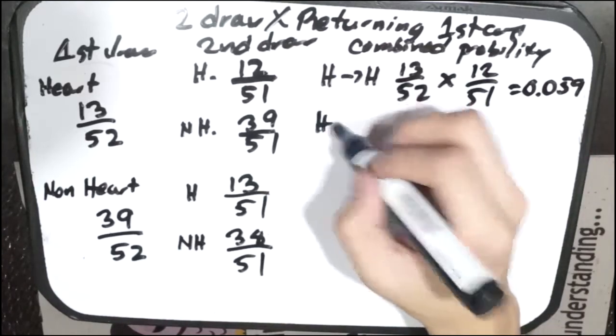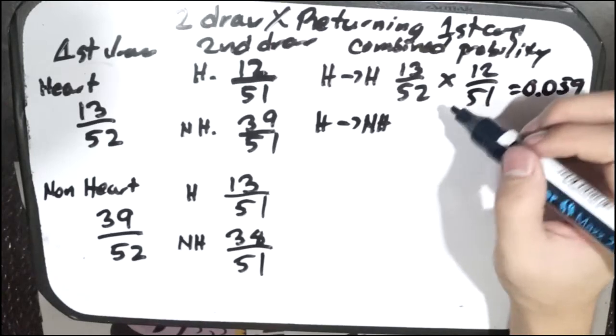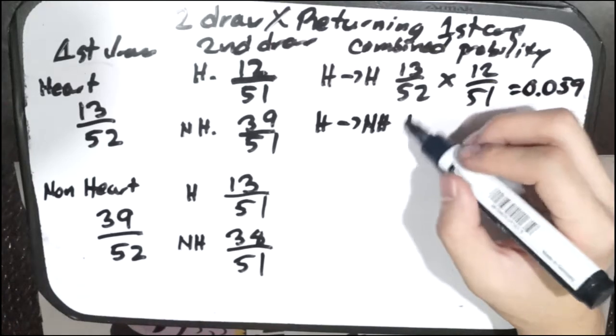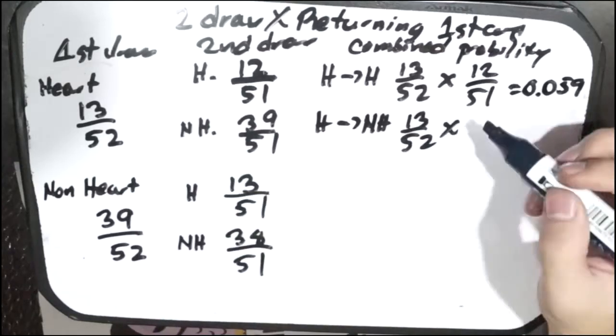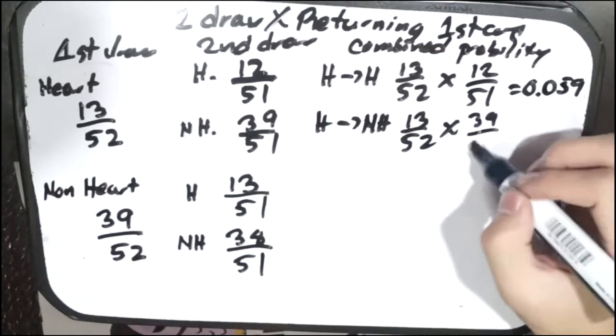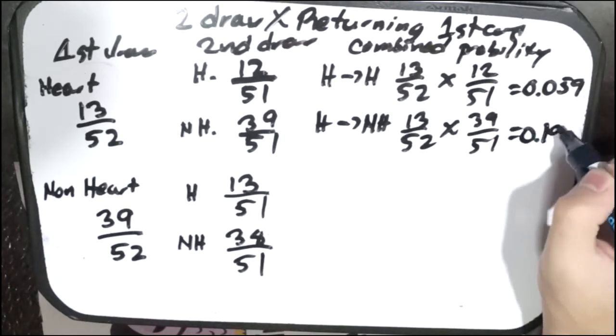If you drew a heart first, then a non-heart on your second draw, the possibility of that would be 13 over 52 times 39 over 51. That would give you 0.191.